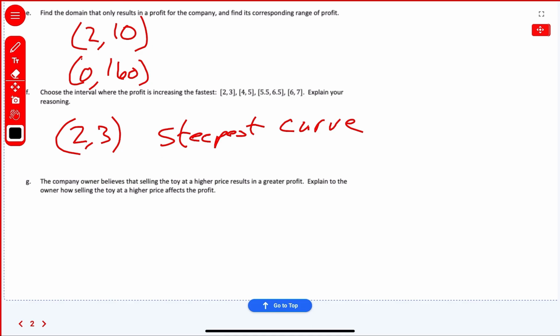All right. The company owner believes that selling the toy at a higher price results in greater profit. Explain to the owner how selling a toy at a higher price affects the profit. They say that a higher priced toy does not necessarily make for a greater profit. The highest profit is produced when the toy is at $6 and then decreases if it is sold at a higher price than $6.